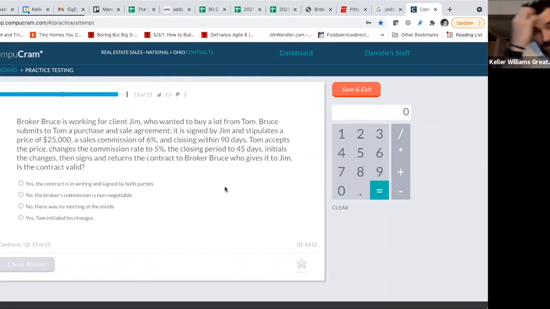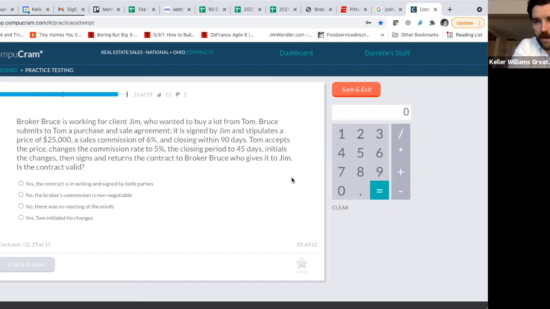All right, last question for contracts. Broker Bruce is working for client Jim, who wanted to buy a lot from Tom. Bruce submits to Tom a purchase and sale agreement. It is signed by Jim and stipulates a price of $1,000, a sales commission of 6%, and closing within 90 days. Tom accepts the price, but changes the commission to 5% and the closing period to 45 days, initials the changes, signs it, and returns it to broker Bruce, who gives it to Jim.